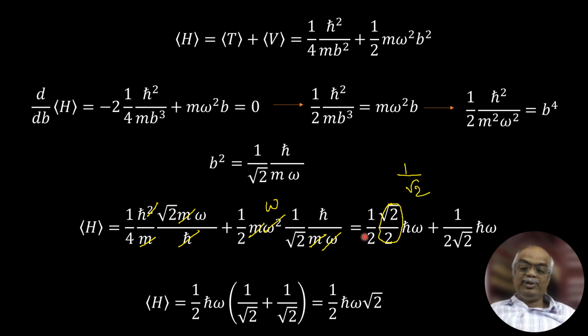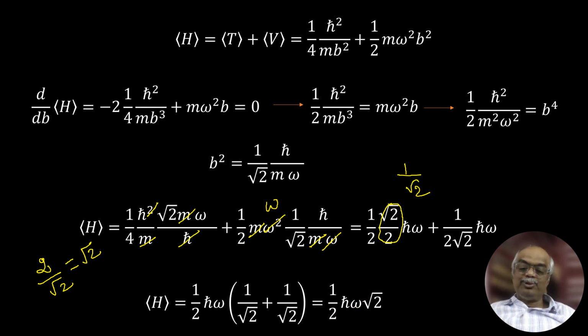So now you take half h cross omega as a common factor. Then this will be 1 over square root 2 plus 1 over square root 2. 1 over square root 2 into 1 over square root 2 will become 2 times square root 2, which is equal to square root 2. So this will become half h cross omega times square root 2.